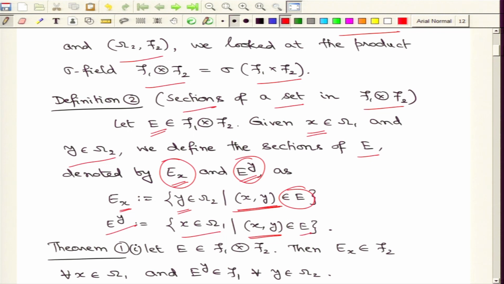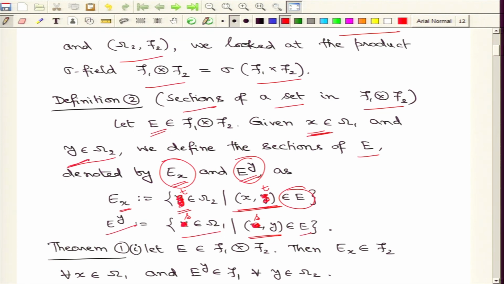Here, just to avoid any confusion, let us make a minor change in the notation. We will look at all possible points t such that the point x comma t is in the set E, and we will look at all possible points coming from the first set, let us call it small s, such that the point small s comma y is in the set E. This is just to avoid notational confusion, because we have already fixed points small x and small y.